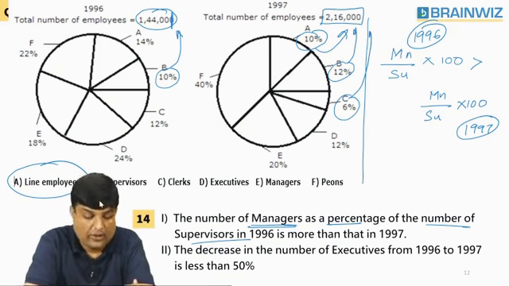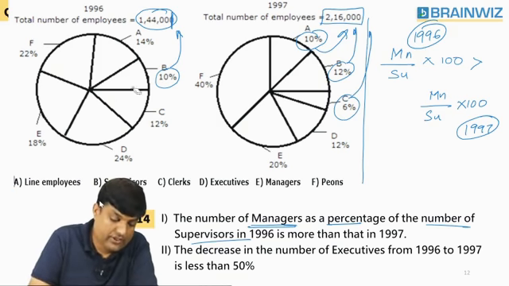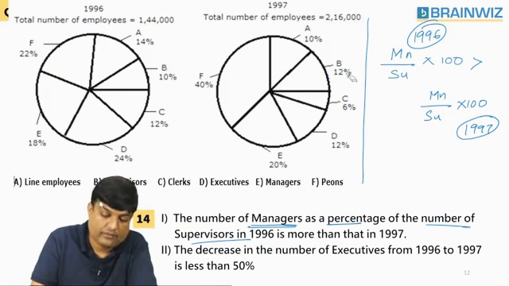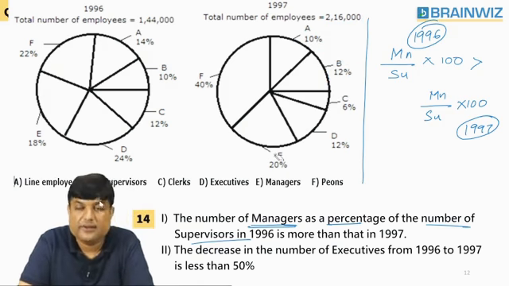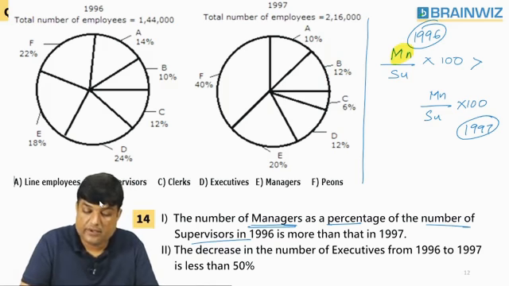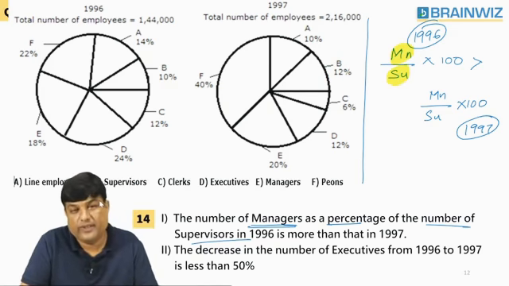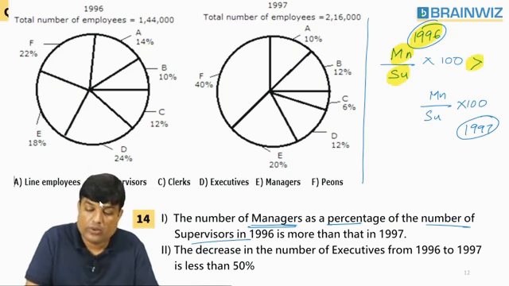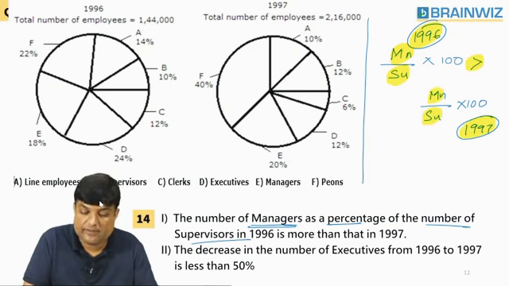Are you understanding? So what did he ask in the question, students? The number of managers as a percentage of the number of supervisors in the year 1996, is it more compared to the year 1997, the managers and supervisors?